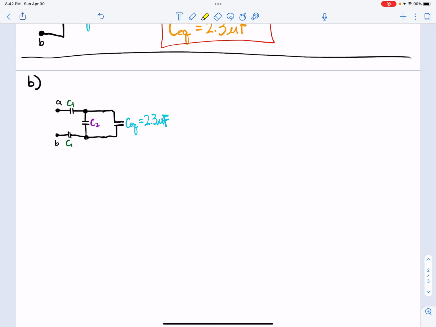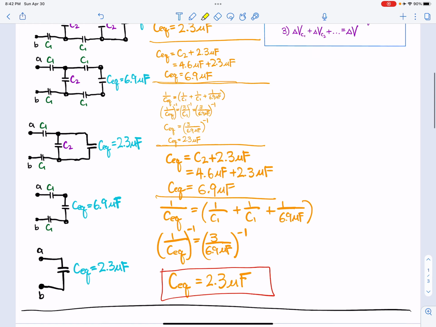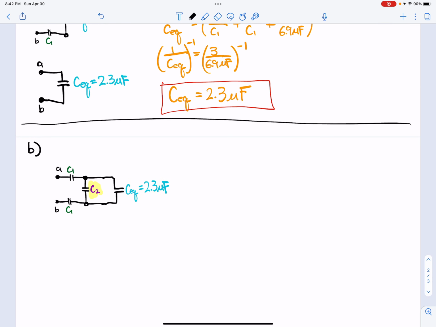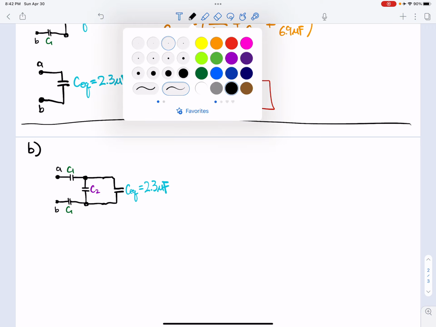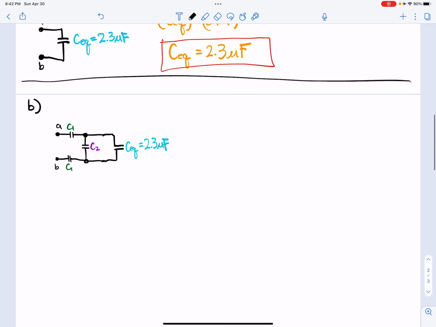I'm just going to add these 2 capacitors, combine them, I should say, okay? So if I combine them, this would still be C1.